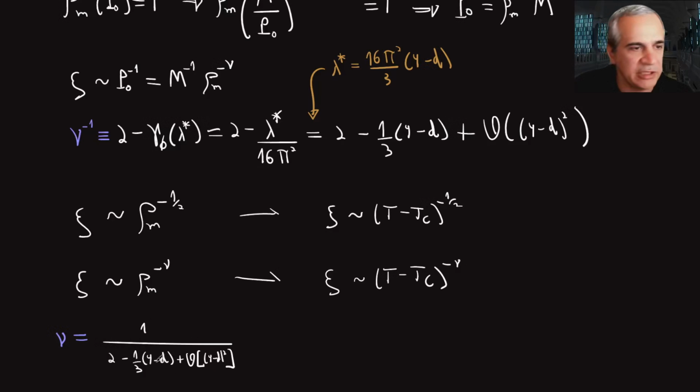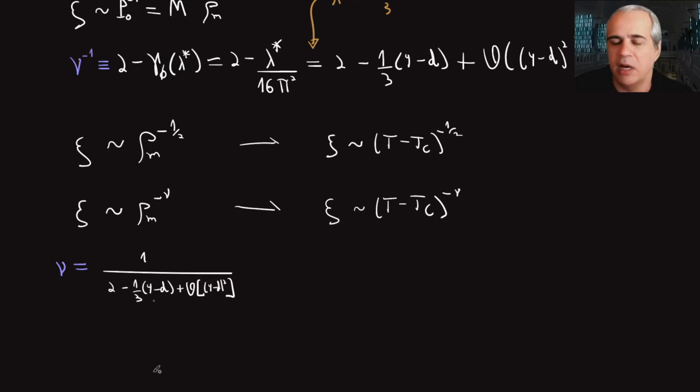But you have corrections that go beyond the Landau model. In fact, this point is known as the Wilson-Fisher fixed point, because Wilson and Fisher have shown how to go beyond this leading order in 4 minus d and systematically calculate higher order corrections. We could have calculated these for more complicated theories.